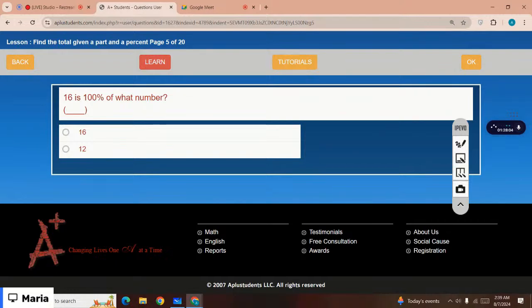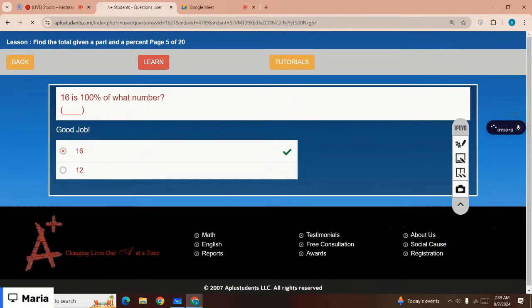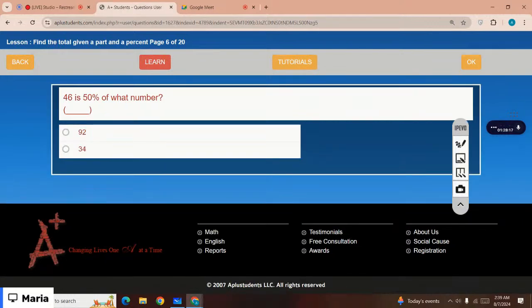We do only 4 maximum, and that's the last one for today. 4 lessons we do maximum, right? 46 is 50% of what number?